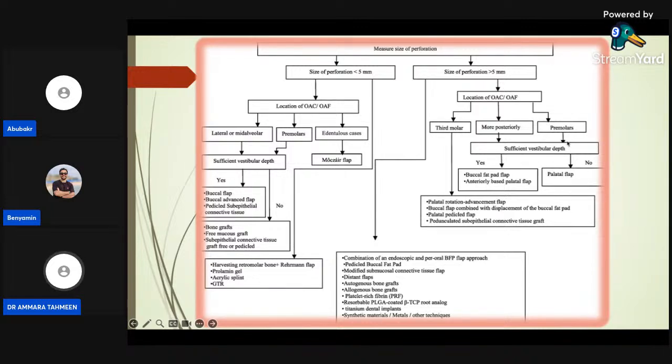If there is no sufficient vestibular depth and you pull the buccal flap towards the defect, it leads to further obliteration of the vestibule, which may interfere with the seating of the complete denture in edentulous patients. There is not much problem in dentate patients, but still it can be avoided with other techniques such as palatal flaps.